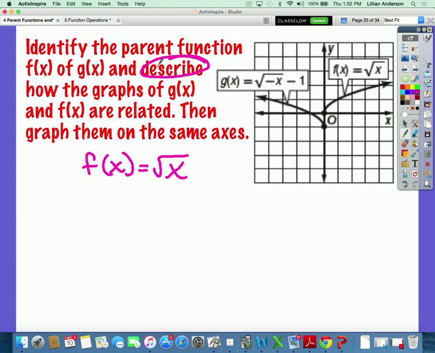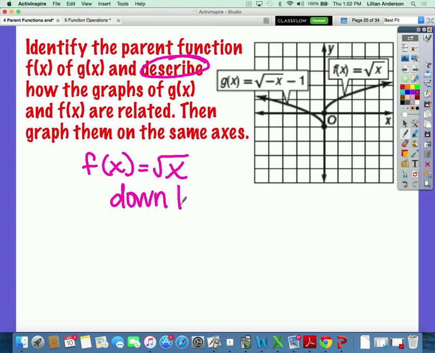And you gotta look at all the key features here. This -1 would mean what? It moved, careful, it moved down 1. And you know it's down because that -1 is not underneath the square root. If it was underneath, then it would have moved right. What does that negative underneath the square root mean?